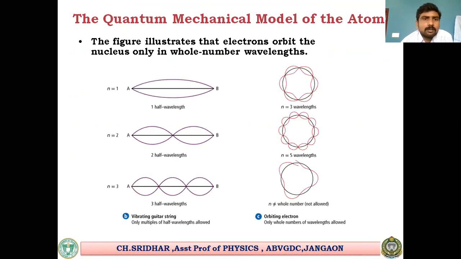The electron moves in a circular orbit around the nucleus with certain wavelengths only. Not all wavelengths are possible; only multiples of wavelengths are allowed. This is the vibrating guitar string and this is the orbiting electron, so we may draw an analogy between these two.